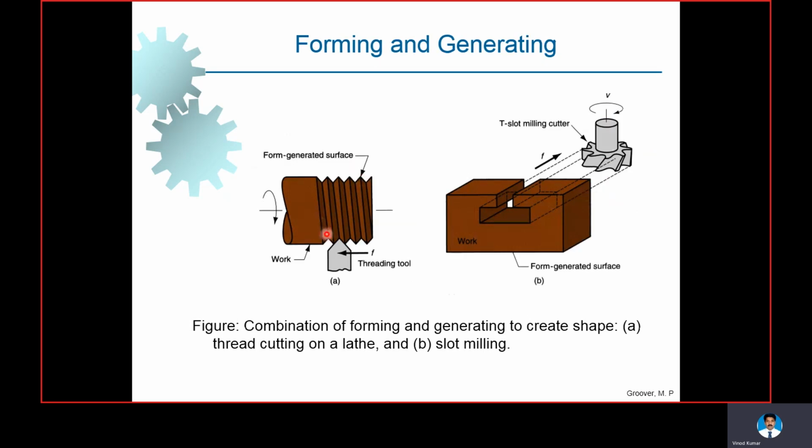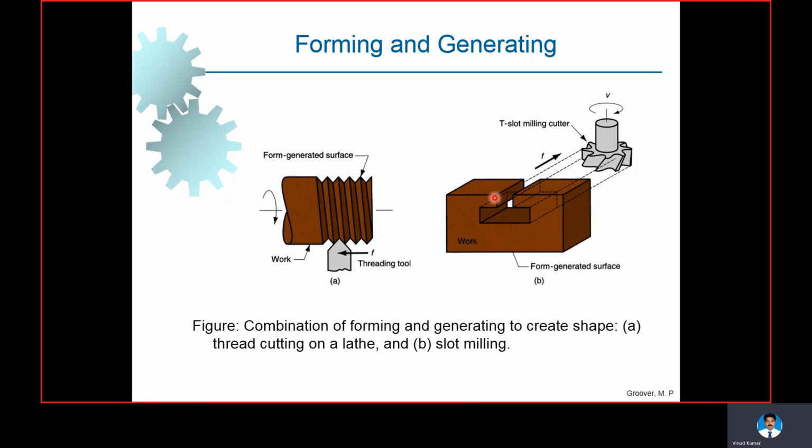Another example is here. We can control the feed as well as use the shape of the tool. So combining the feed and the shape of the tool, we have two processes. First is thread cutting and the other is slot milling. In thread cutting, we move the tool and the threads are produced.